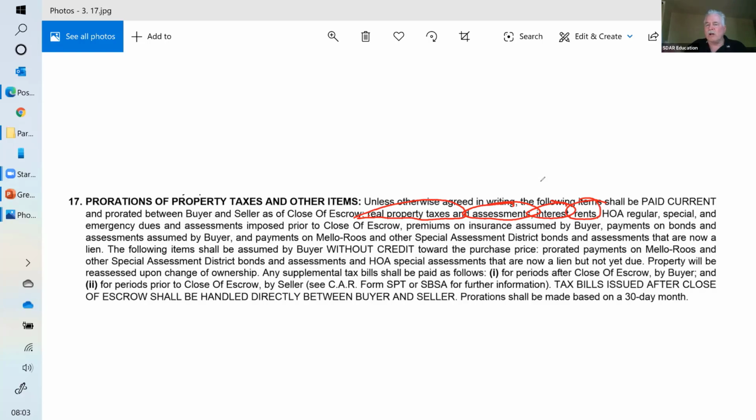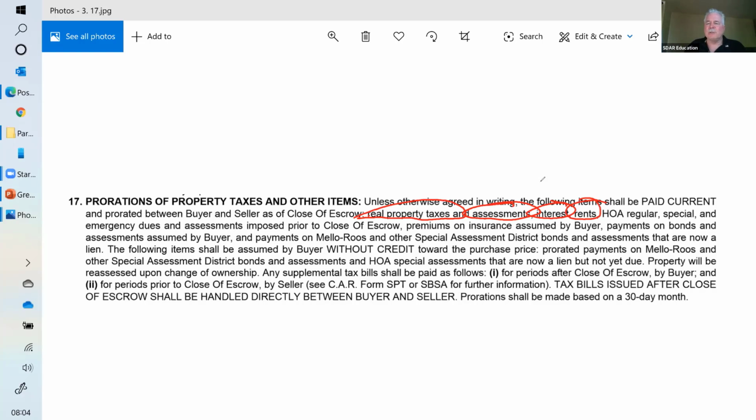And that's why when we talked about the prelim and we got that tax statement, it showed all the things that have to be addressed by the escrow and the title company. So interest: any interest that's being paid on a lien or anything like that. And rents: there's a tenant in the property, and let's assume that the tenant is going to remain in the property, and the buyer's aware of that, of course. The rents will be prorated.